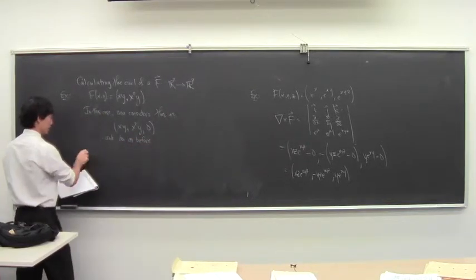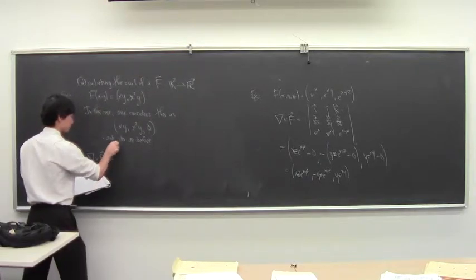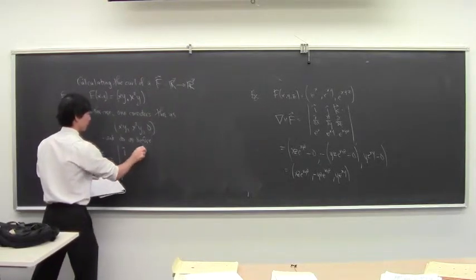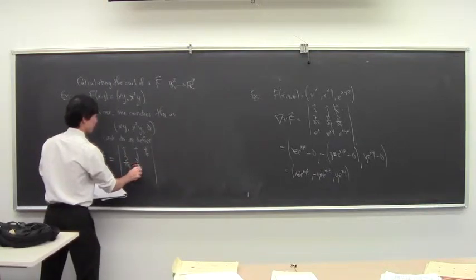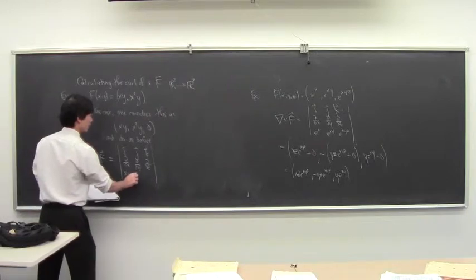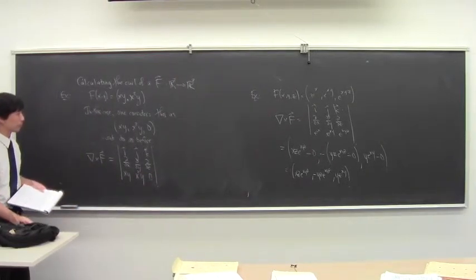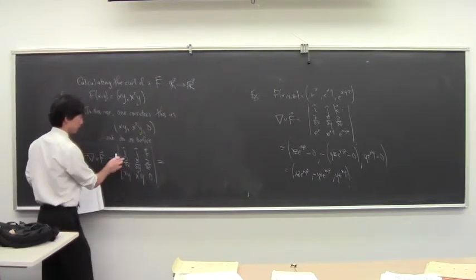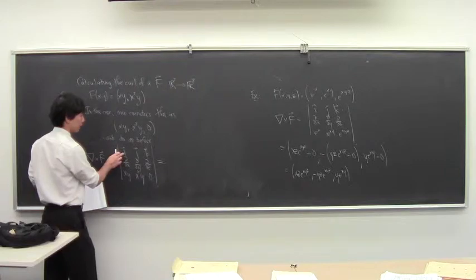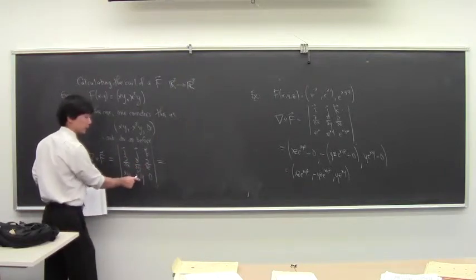So what do you get? You're going to end up with i, j, k, d/dx, d/dy, d/dz, and then xy, x squared y, 0. You're going to get i times d/dy of 0 minus d/dz of x squared y.